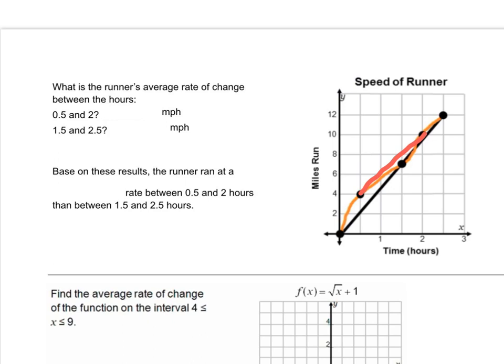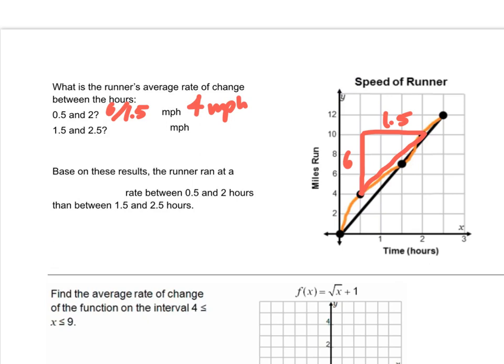Let me change colors, go back to red. Vertical distance of 6 miles over a horizontal distance of 1.5 hours, okay? So if I took 6 divided by 1.5, all right, hold on, let me calculate it. 6 divided by 1.5 means that the runner was traveling 4 miles per hour on average over that time period, which is a little bit less than what we had previously.